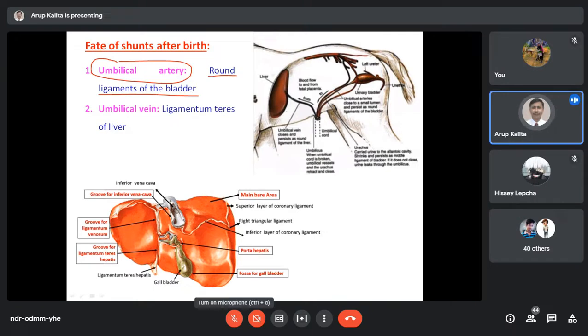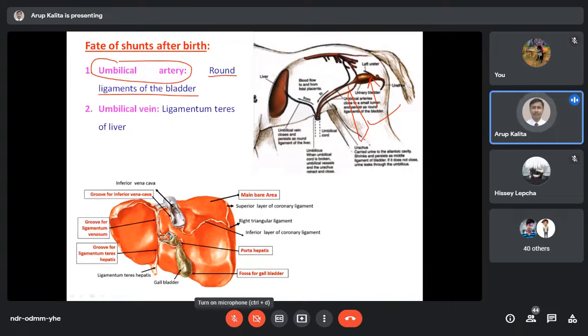You see in this photograph. This is the urinary bladder. And these are 2 umbilical arteries. This is one and this is another. Inside the artery there is a hole through which the blood can move. But that hole will be obliterated. The hole will be removed after birth, and it will become a ligament.